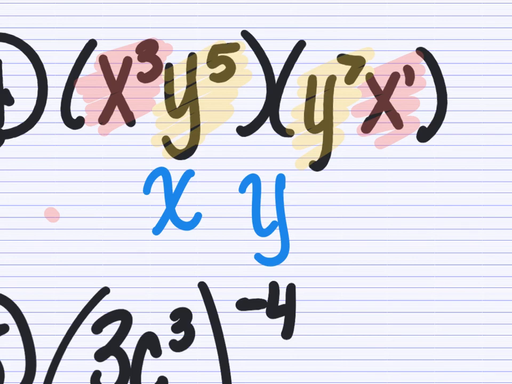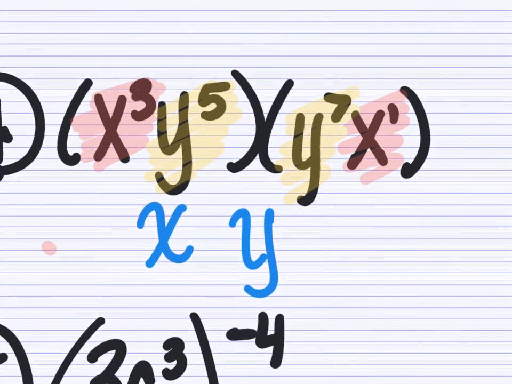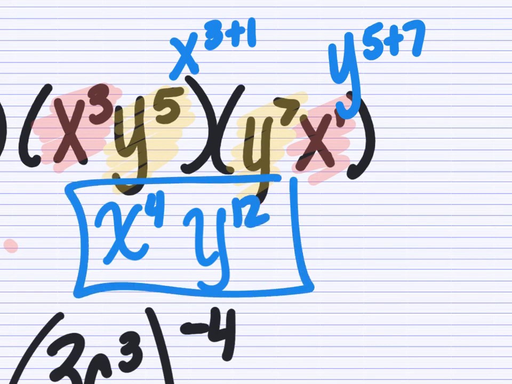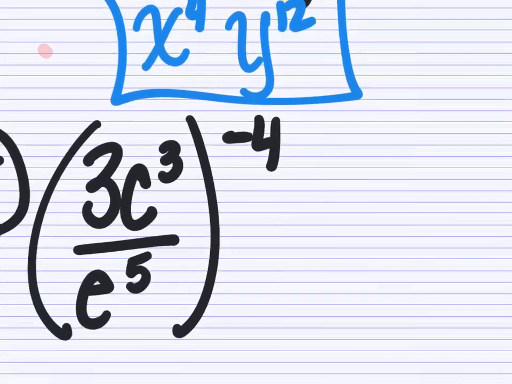We're going to add, because when we multiply bases that are the same, we add our exponents. So we do x, 3 plus 1, which gives us 4. And then y, 5 plus 7, which gives us 12. Both have a positive exponent, so that is your final answer.